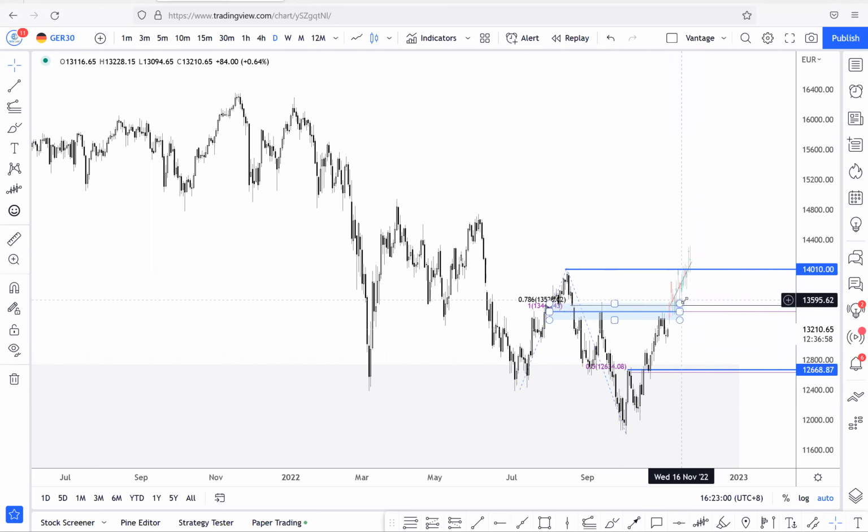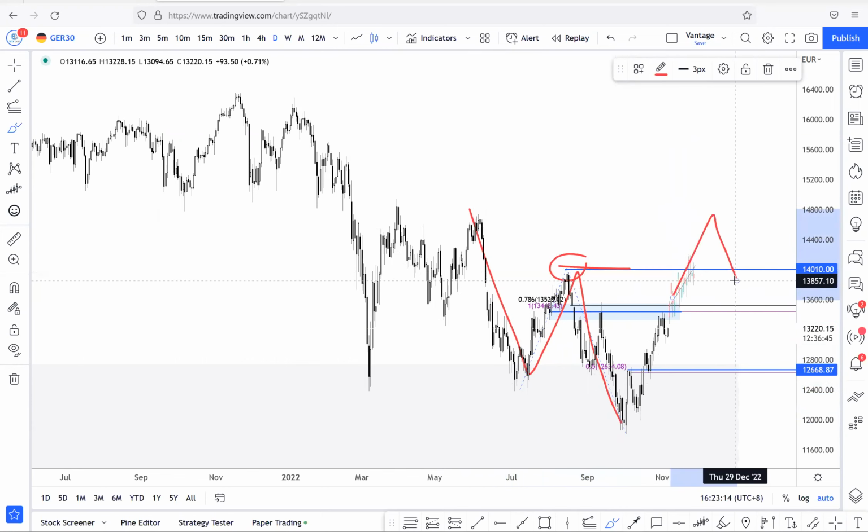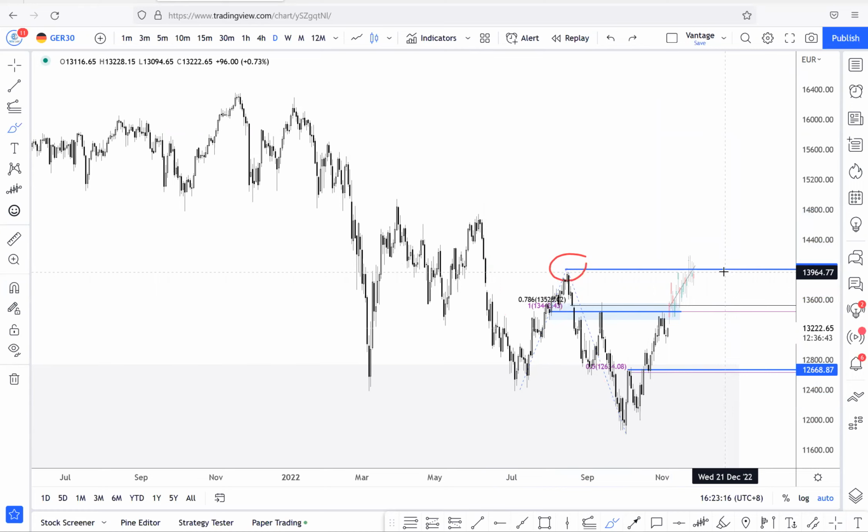Once price push above this region, we could see more upside to this area over here. This is still the higher time frames resistance you can see over here, because if you're to trace out the market structure, this is the last high. So until there's a clear break and retest of this high, right now prices are still in a bearish market structure, right? So this is on DAX.